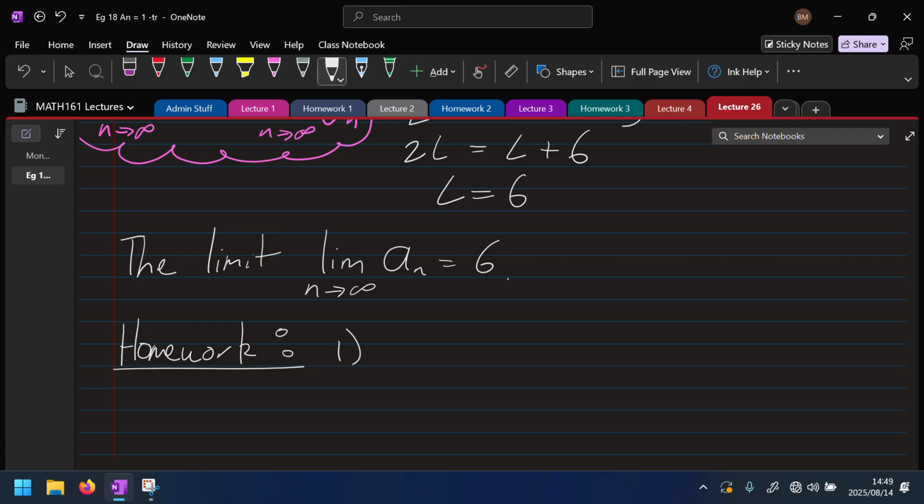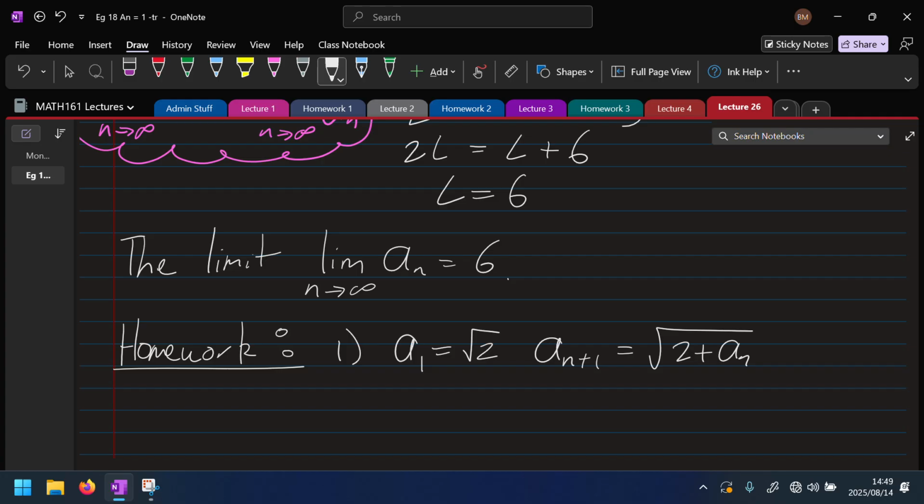Okay, so number 1, we've got some recursive sequences. Use the monotone convergence theorem to show their convergence, and then find the limits. Okay, like we did for these examples. So we've got a1 is root 2, and a n plus 1 is square root of 2 plus a n. Okay, so that's the recursive sequence.